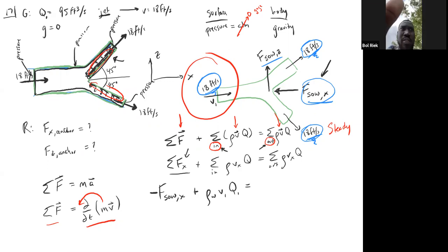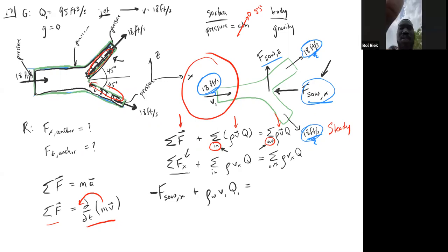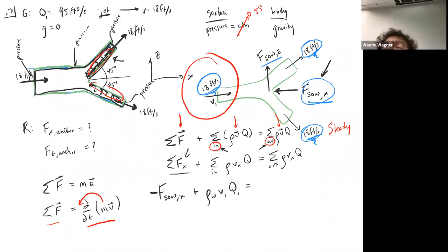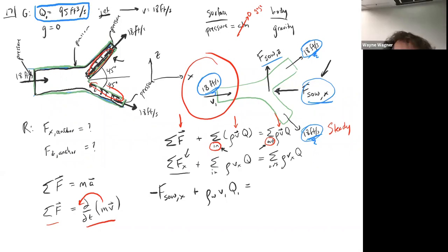A question, Dr. Wagner. Yes, sir. Sir, do you have to multiply by the area of that section 1, or don't you have to? It depends, good question. If they didn't give us Q right here, then we'd have to calculate Q. In that case, I would go right in here and do V1 times area.